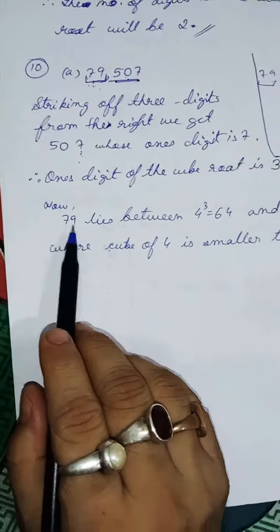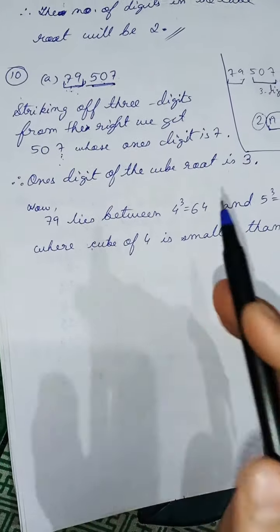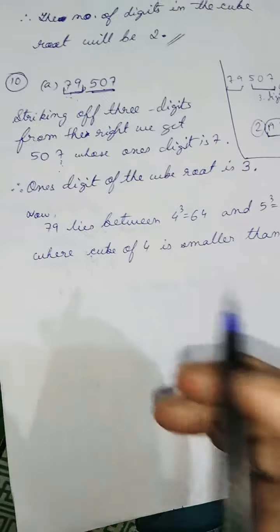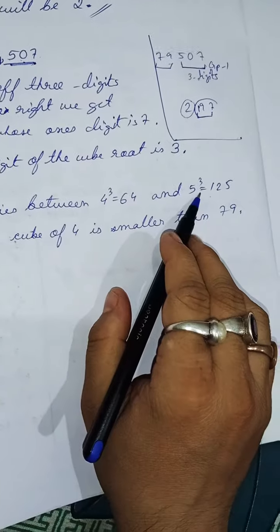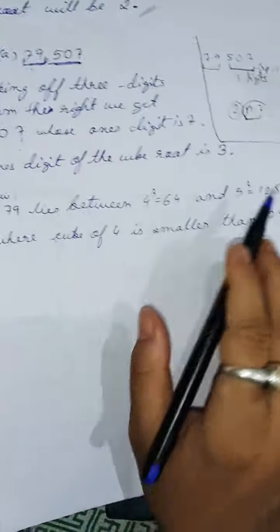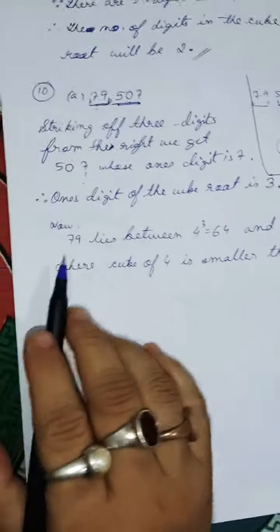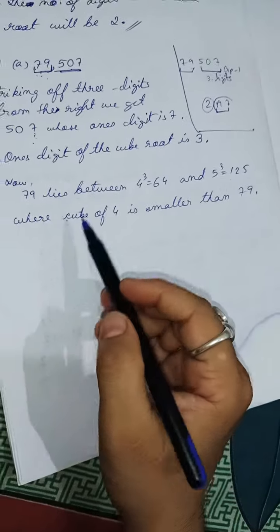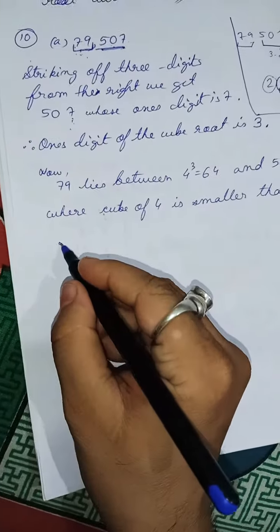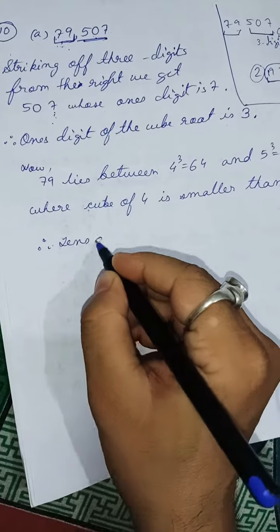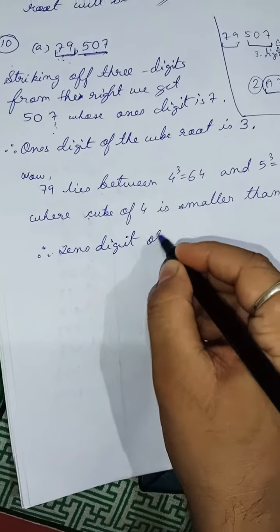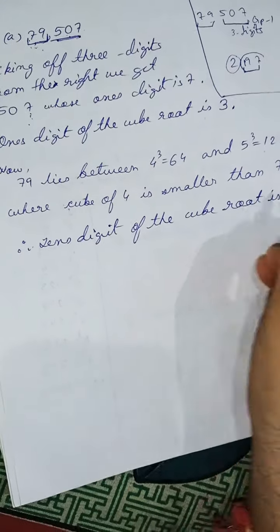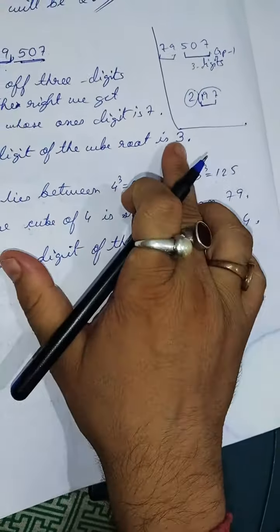This number should be either equal to a given number or just more than a cube of a number. That means you have to take a number whose cube will be just less than 79 but not more than 79. Because 5 cube is more than 79, I'll not take 5, but 4 cube is less than 79, so I'll take the digit 4 as the tens digit. So 79 lies between these two, where the cube of 4 is smaller than 79. Therefore the tens digit of the cube root is 4. So I got my tens digit, and I got my ones digit also.